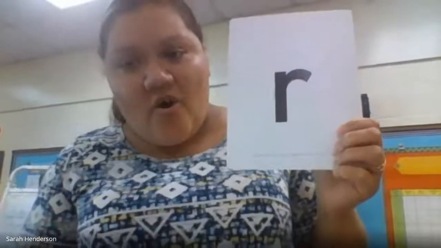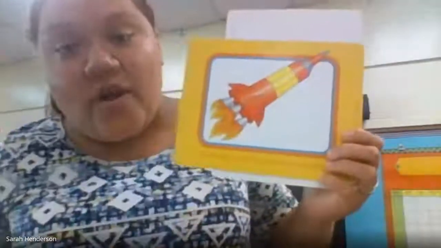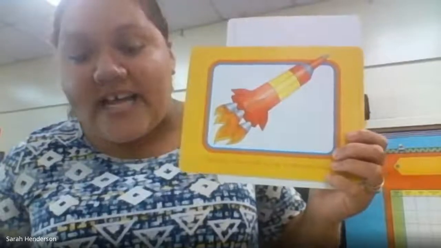You're going to stand up. You're going to run in place. Okay, so this is Red Robot, and this is the letter R. Can you say R? R. He likes to say words that begin with his sound. Rocket, rocket.